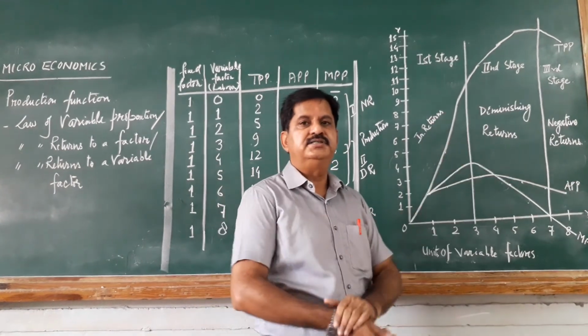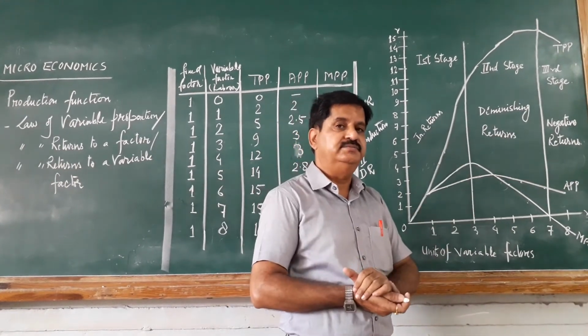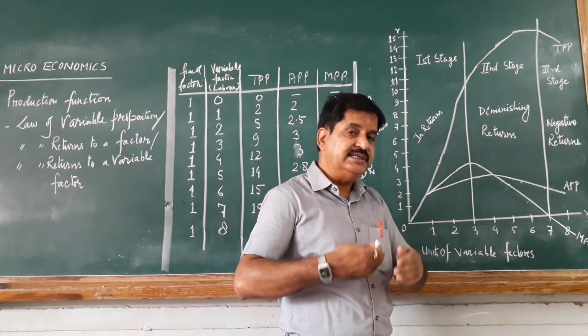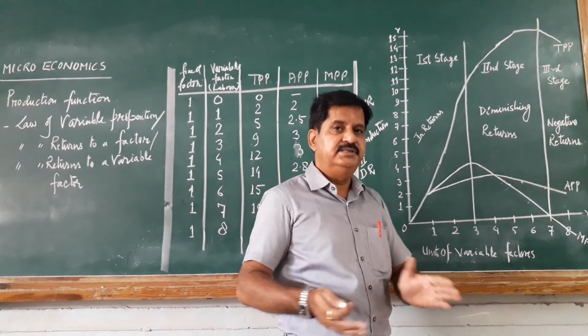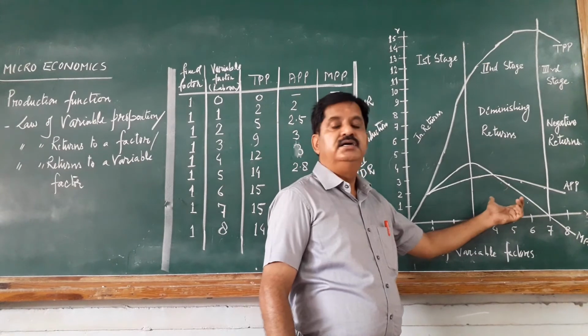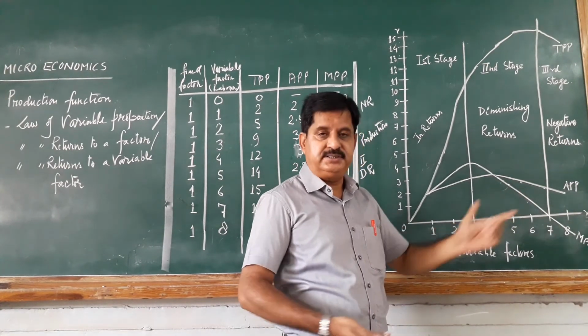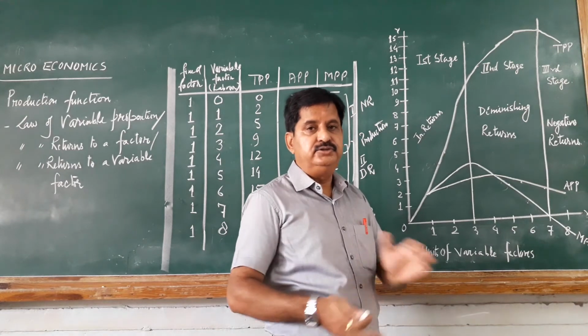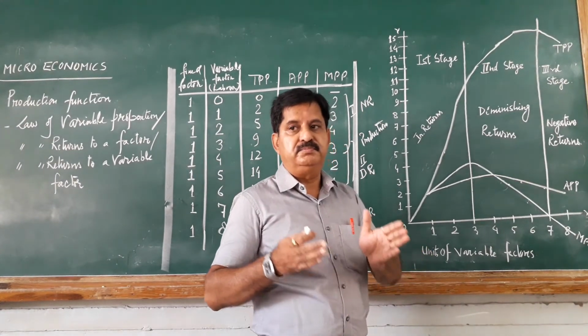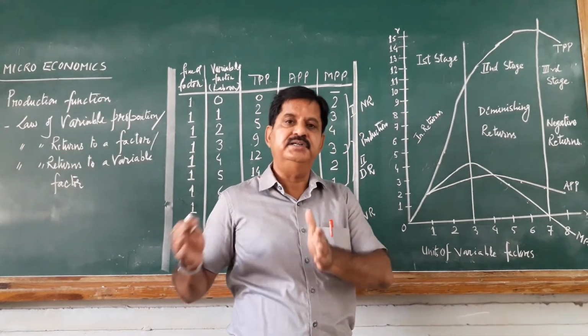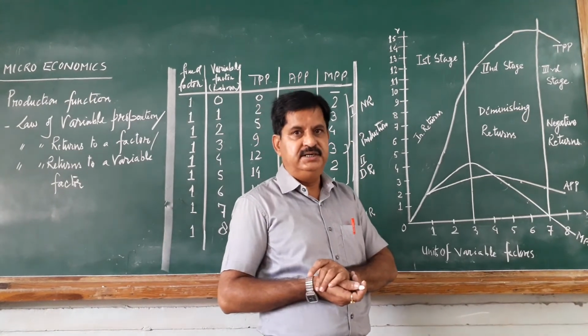In the second stage, the total production is increasing but at a diminishing rate. The reasons are that now the fixed factors are overutilized, due to which the production is increasing but at a diminishing rate.